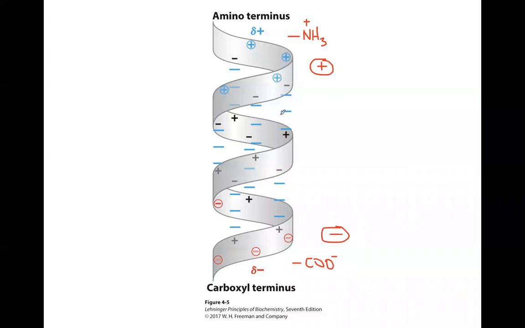And so the primary sequence will help stabilize the alpha helix if you have negatively charged amino acids accumulated at the amino terminus and positively charged amino acids near the carboxyl.